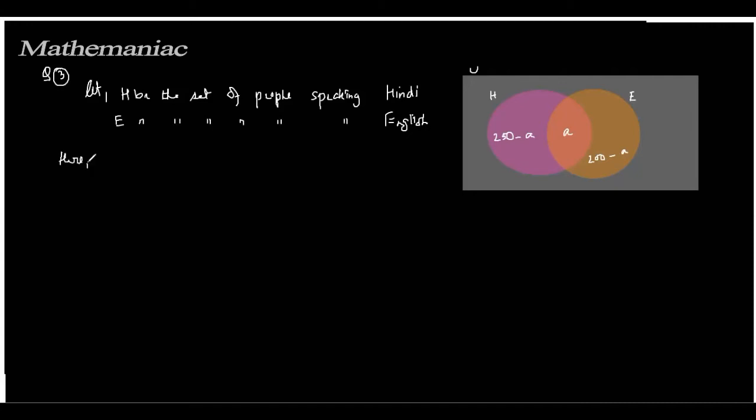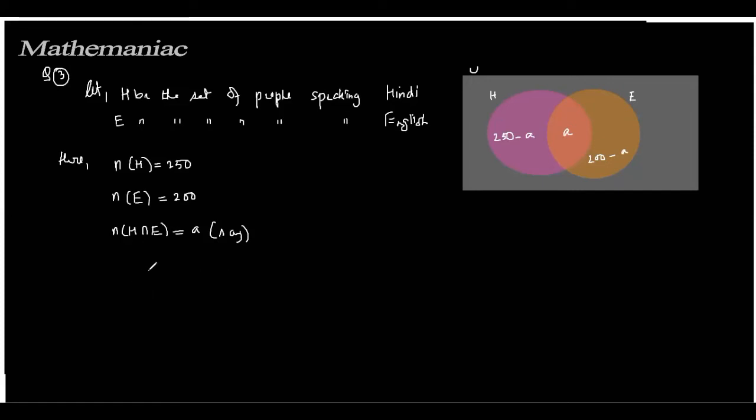Here, just see, N of H is given to be 250. N of E is given to be 200. We need to find N of H intersection E, which I wrote as A in the Venn diagram. So here also I write it as A, right?